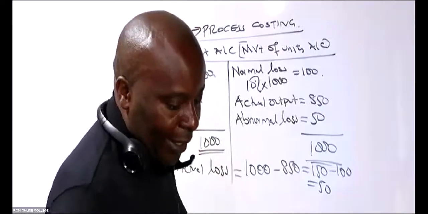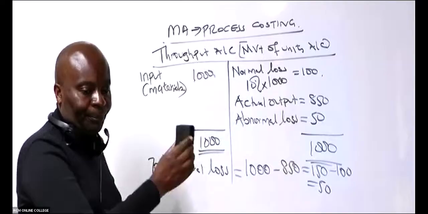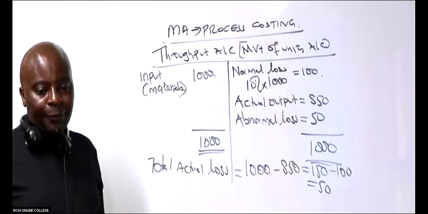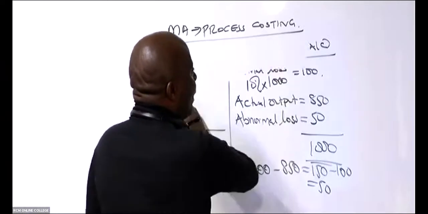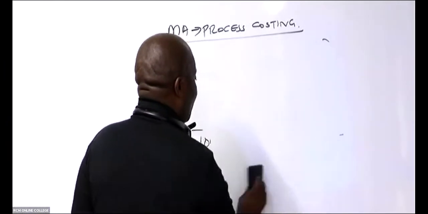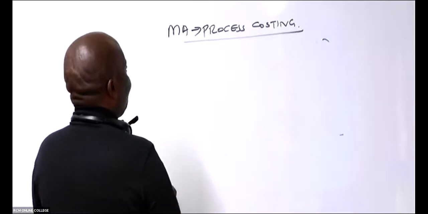Now, after this, you shall be able to go ahead and give us the process account. Can I rub this? Because it's a question I did yesterday. So go ahead and do the process account for us. This is how our process account will look like.